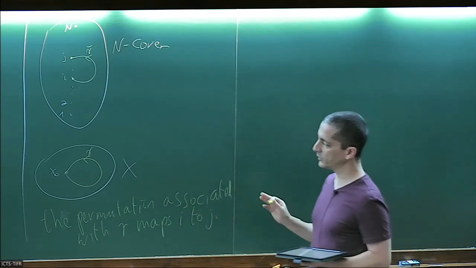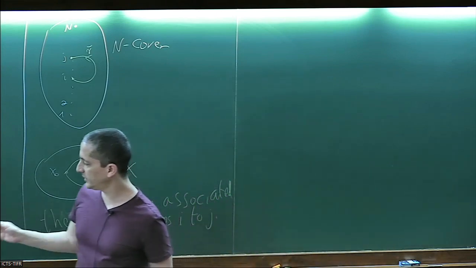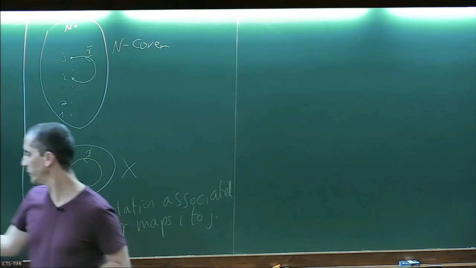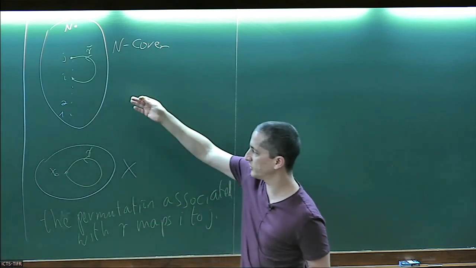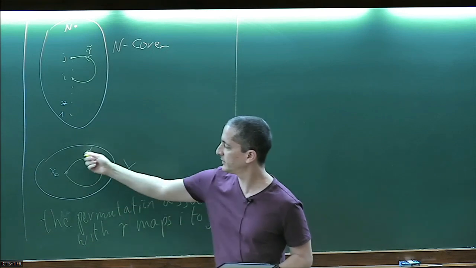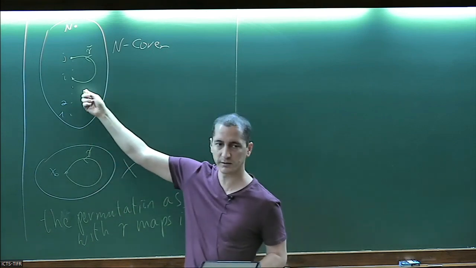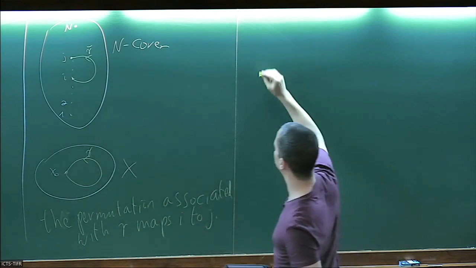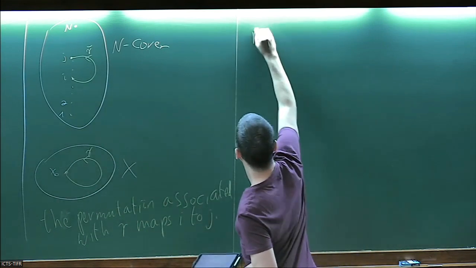Okay, and now you can check that this is indeed going to be a homomorphism of the fundamental group to Sn. First of all, this is a permutation, obviously. And if I concatenate paths, it will compose the permutations. Okay, so this is indeed a homomorphism, even though there is one remark I need to put.